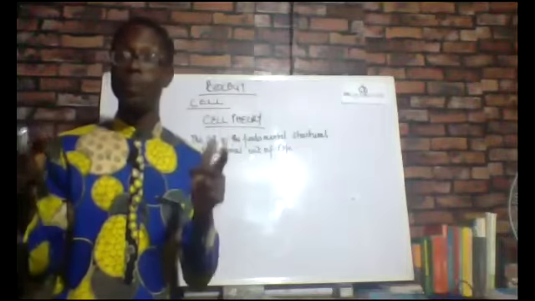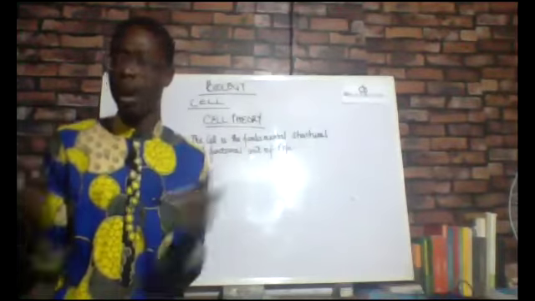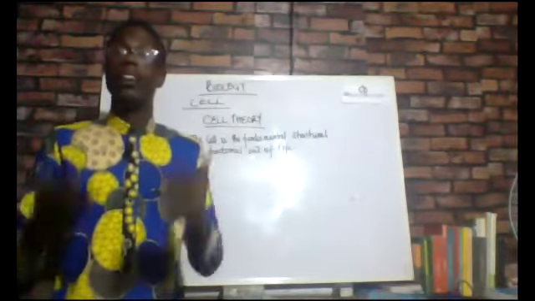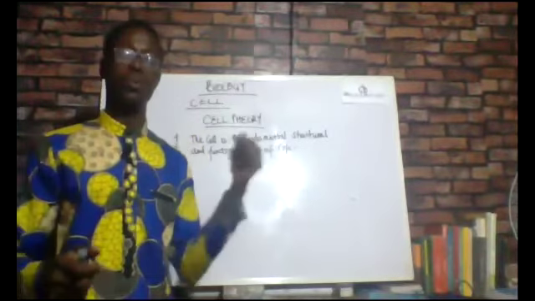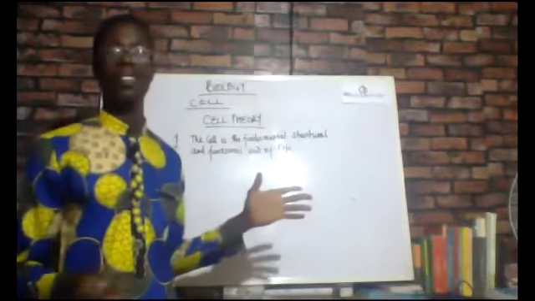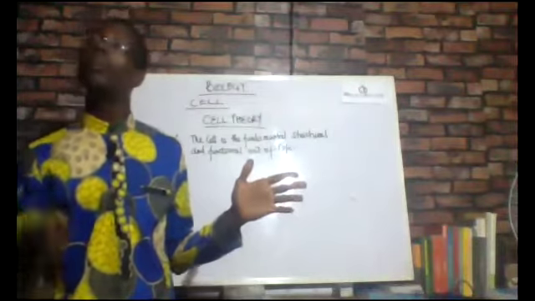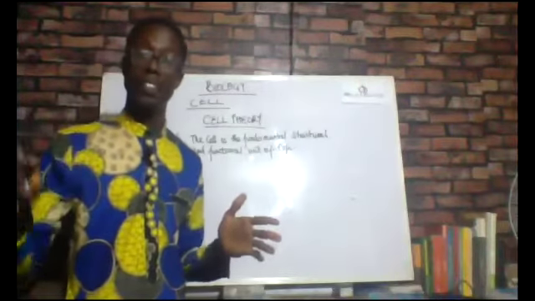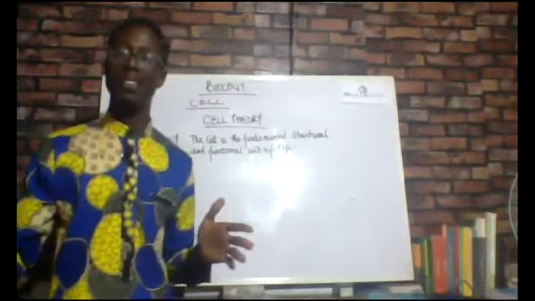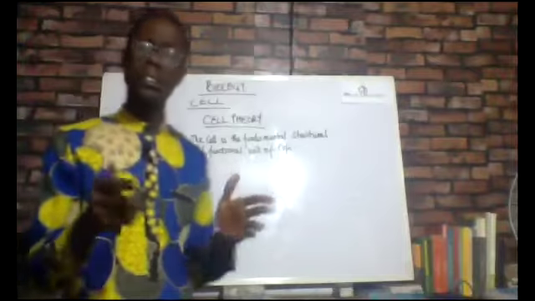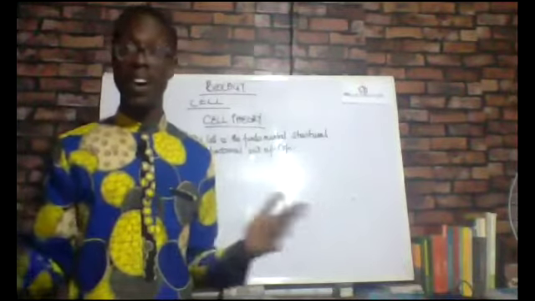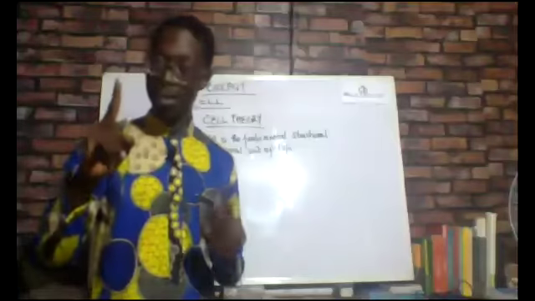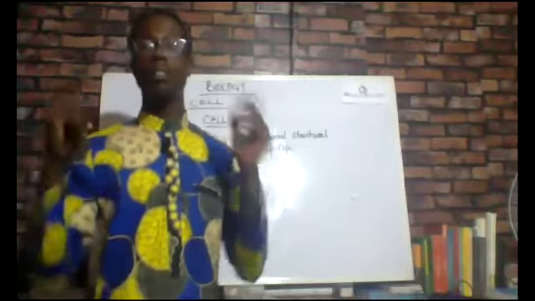I know you're questioning, how is the virus not a living thing, and yet it is causing a lot of trouble? Yes, it is not a living thing, so it will not be part of what we're talking about here. I will tell you why it is not a living thing some other time. Back to the second theory, all organisms are made up of one or more cells.